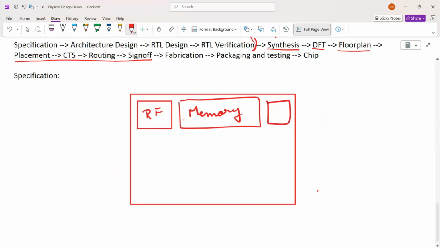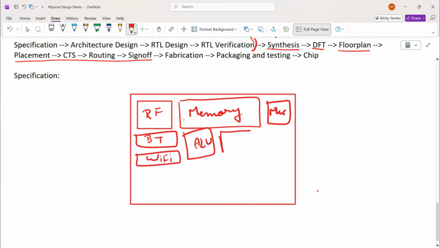There will be a mic present, Bluetooth present, Wi-Fi present, maybe obviously an ALU will be there, some GPU will be there, right?